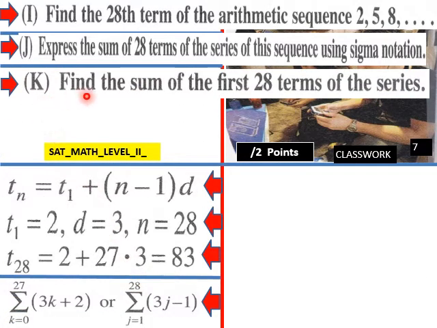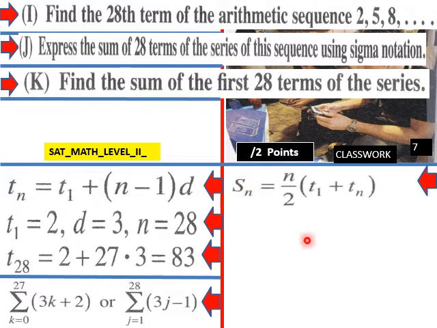And then k, find the sum of the first 28 terms of the sequence. To find that, we have the summation of n equals n over 2, term 1 plus term n. Instead of finding the term, we're going to find the sum now. So here's our formula for finding the sum.